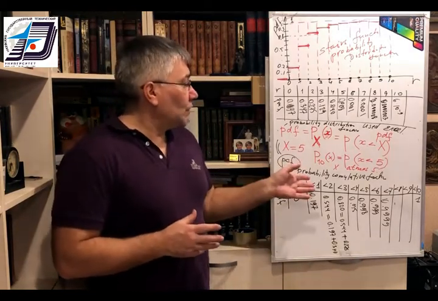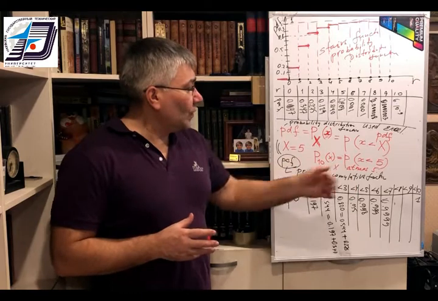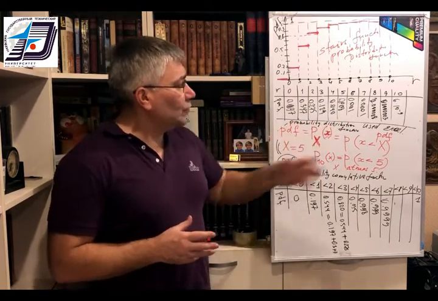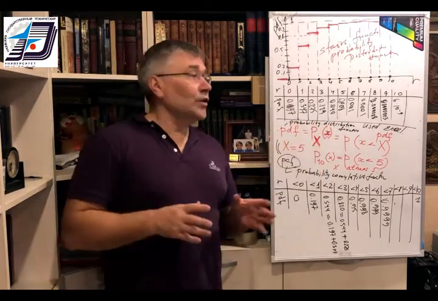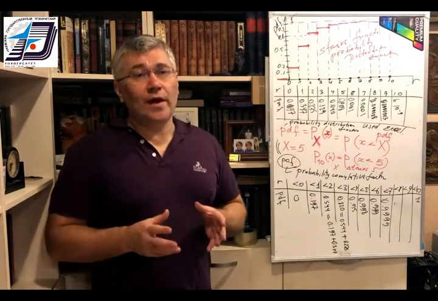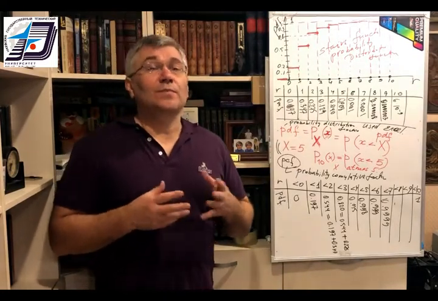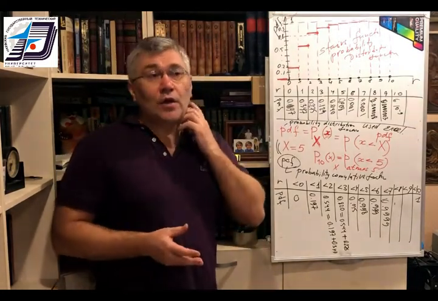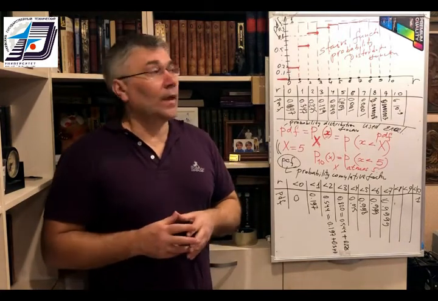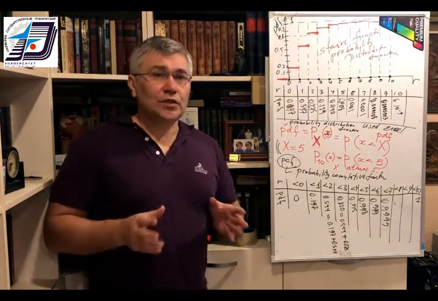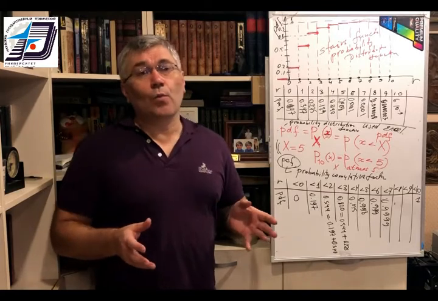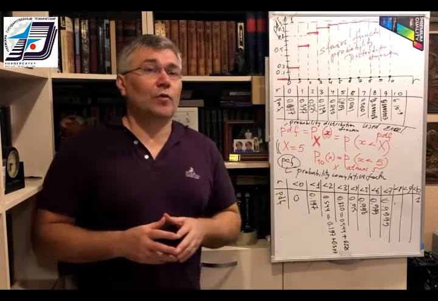You can use either the probability cumulative function or the probability distribution function, and you can use both of them to define the expected value of your random variable. And next time we'll calculate some work using this binomial distribution.